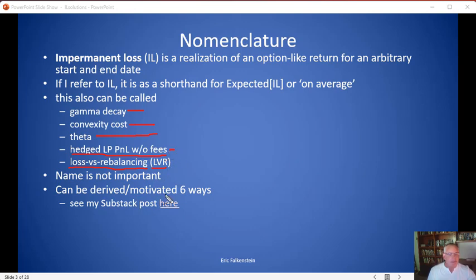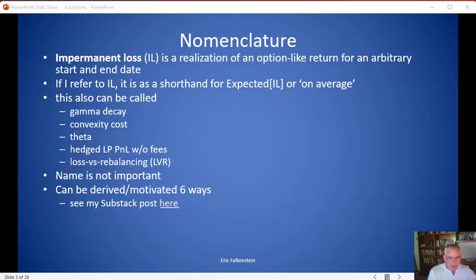You can derive it actually 6 different ways. The fun thing about constant product AMMs is the mathematics is so cool because, like the Pythagorean theorem, you can prove it 17 different ways or something. You can prove all these results several different ways. But nonetheless, it's an expected cost. When I say IL, the name's not important, just so you know what I'm talking about.